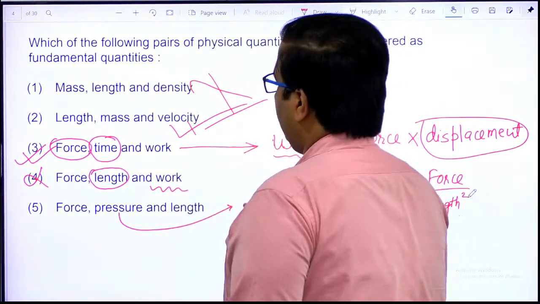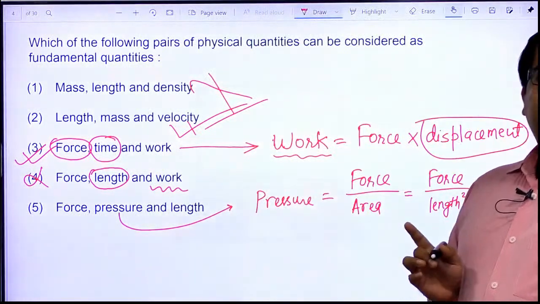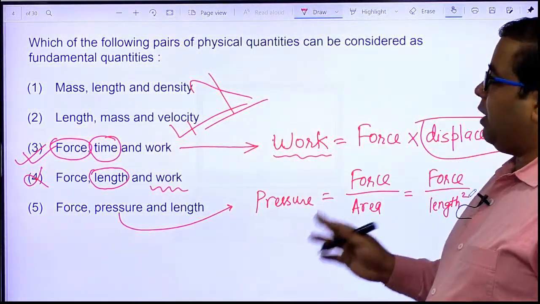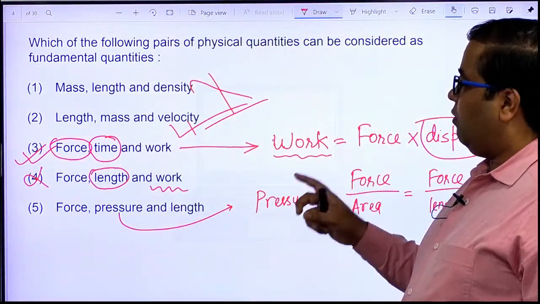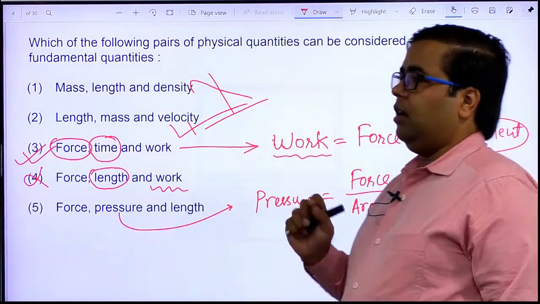So using force and length we can derive pressure. So we cannot take force, pressure and length as fundamental.